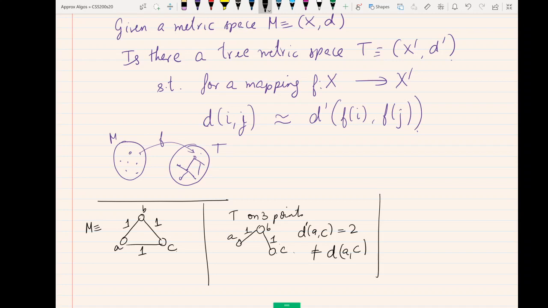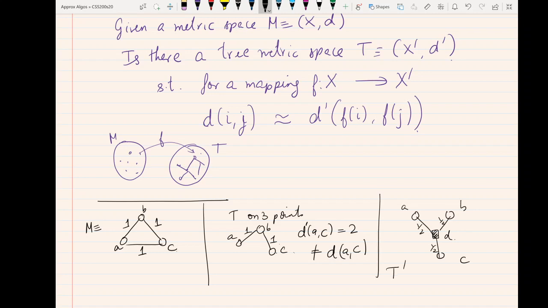Consider the following tree where you introduce one new vertex. So you've got A, B, and C, and then you introduce a dummy vertex D, and you set all of these edges to be equal to half.